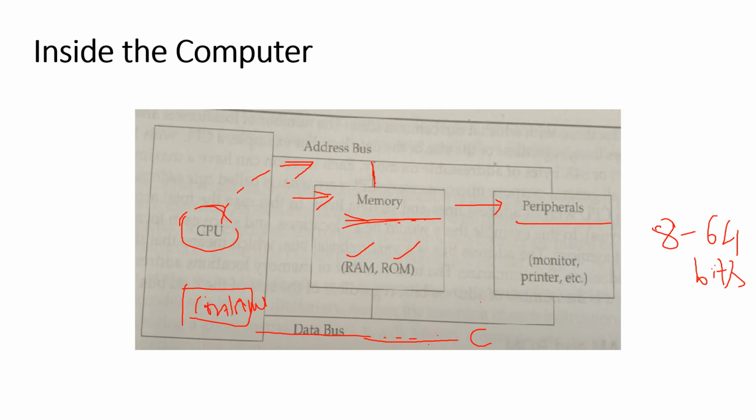That means if it is an 8-bit processor, it will have 8 bits of data lines, and at a time it can process 8 bits of data. Say for example, I have a 16-bit processor, then the data bus will be 16 bits.